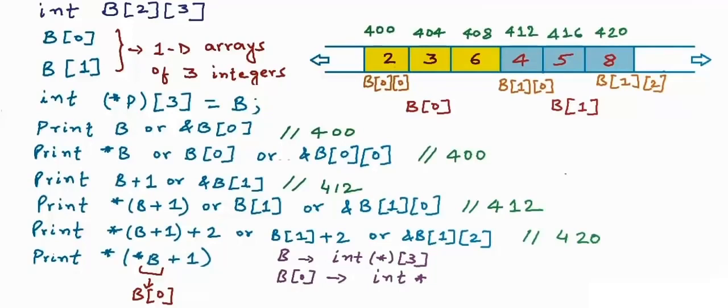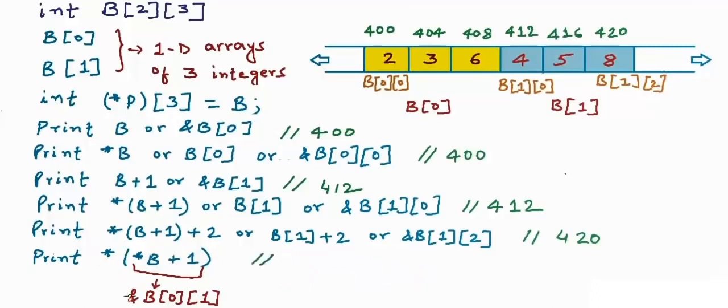It will take you 4 bytes ahead to the next integer. It will return you a pointer to the next integer. So we will get a pointer to this integer at address 404. Asterisk b plus 1 is basically ampersand b01. And with this final dereferencing, we can get rid of this ampersand. So the overall expression will be b01, which is 3.